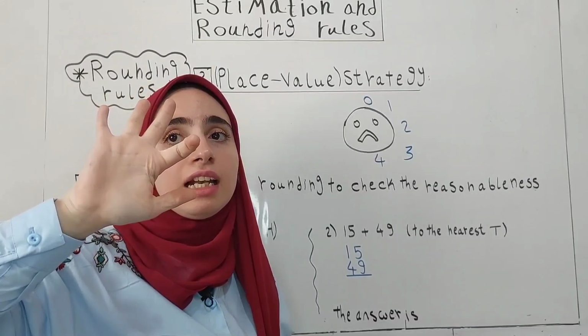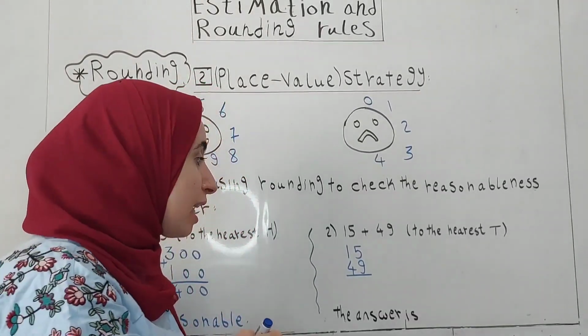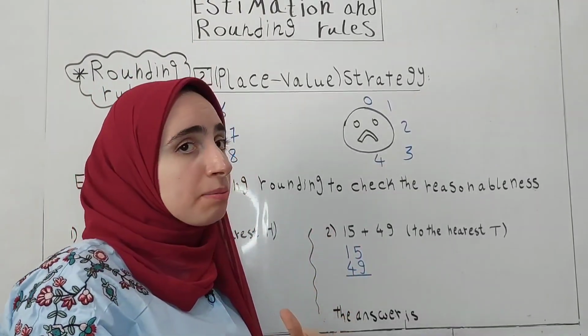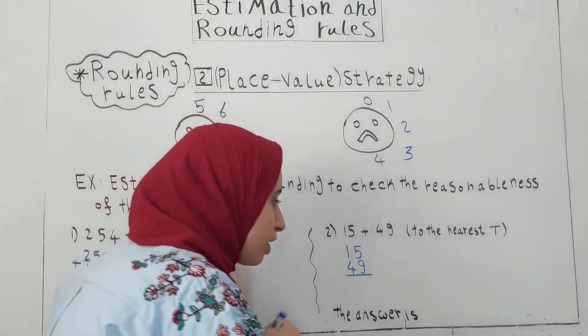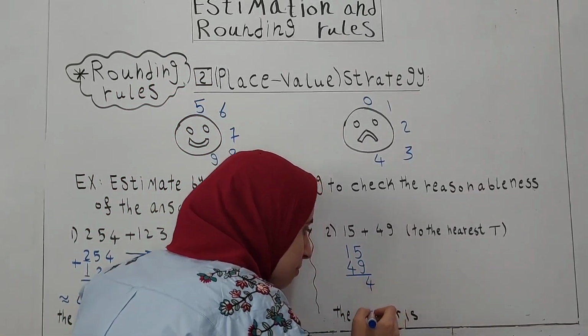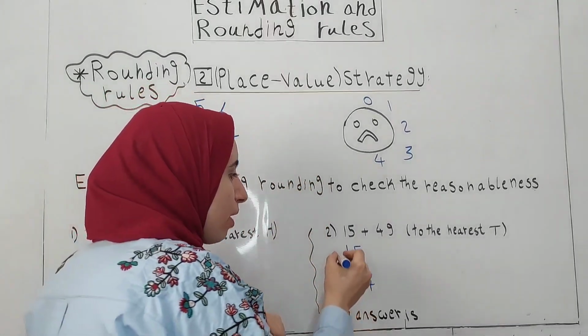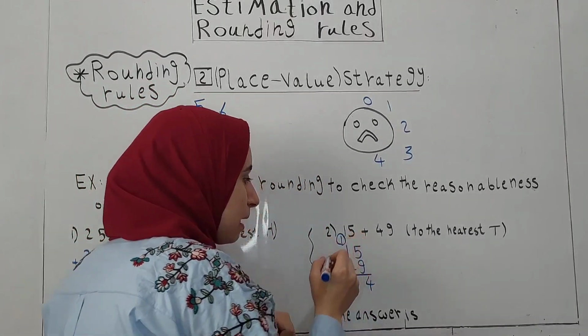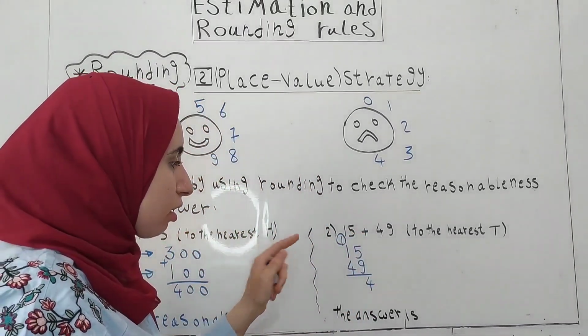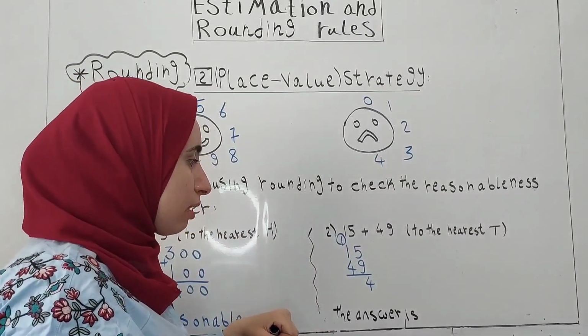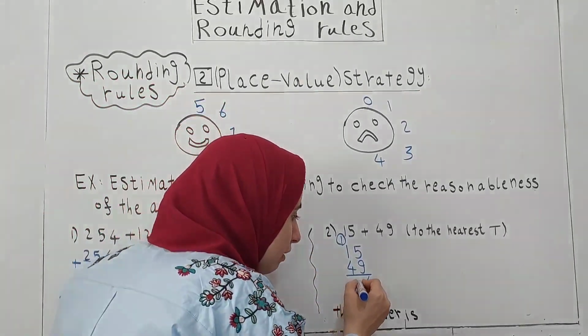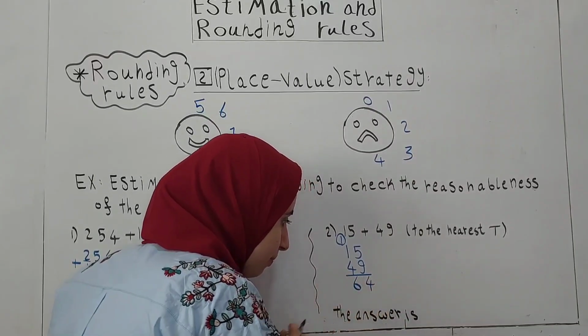After 9, 10, 11, 12, 13, 14. Can you write 14 in one place? No. So we write 4 in the ones place and carry 1 to the next higher place. And then we add 1 plus 1 equals 2 and plus 4 equals 6.